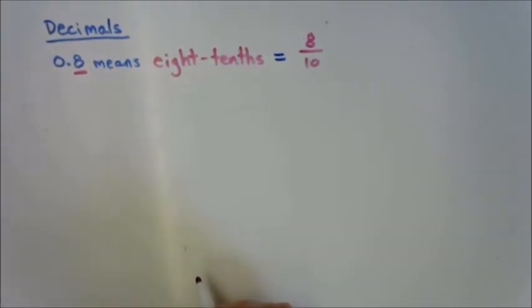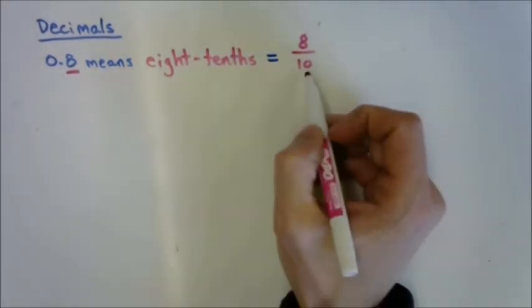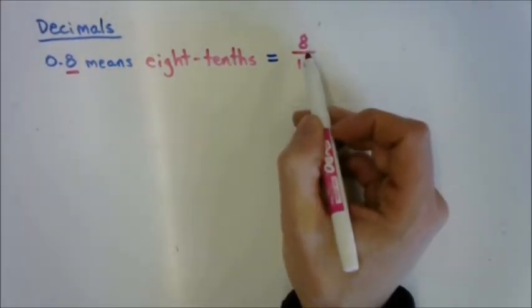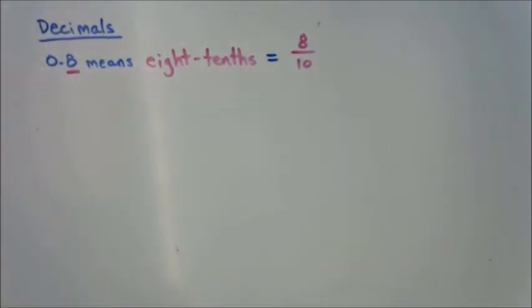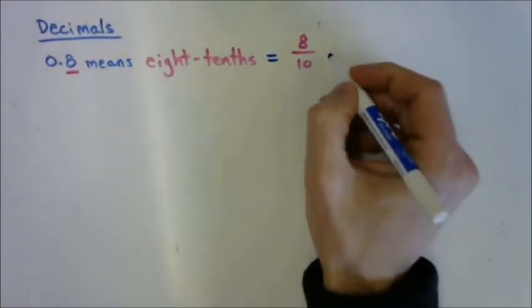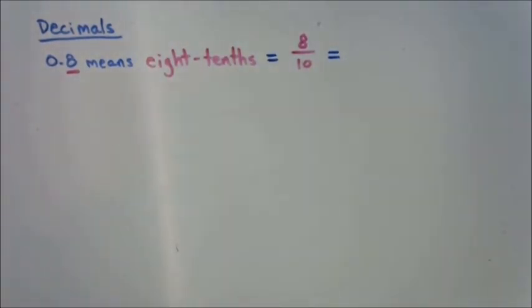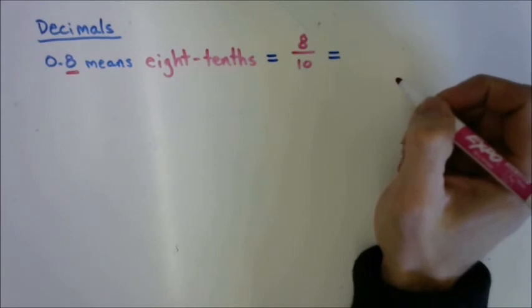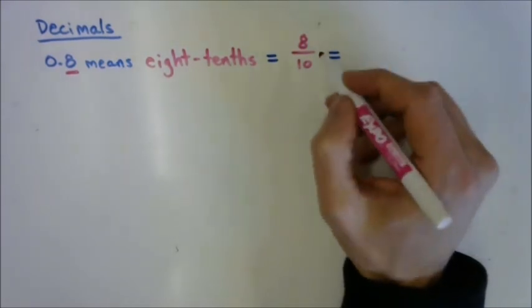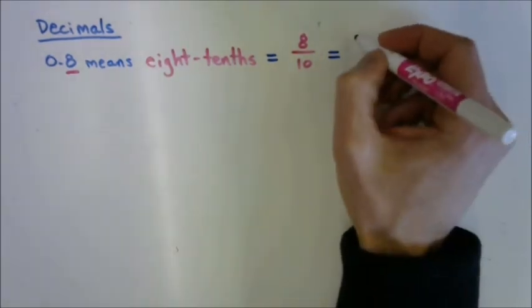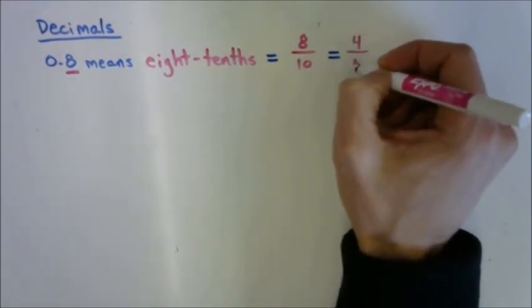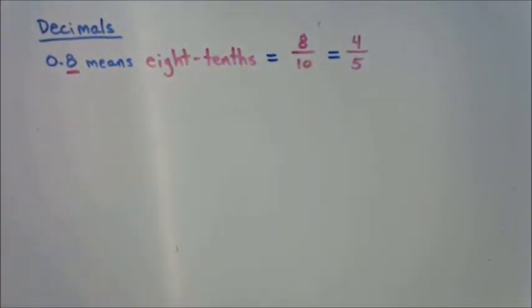We have some whole that's been split into 10 pieces, and we have 8 of them. And again, we want to express our rational numbers always in lowest terms. So think about, how could I reduce this? Well, I know that top and bottom, numerator and denominator, are both divisible by 2. So this reduces to 4/5.